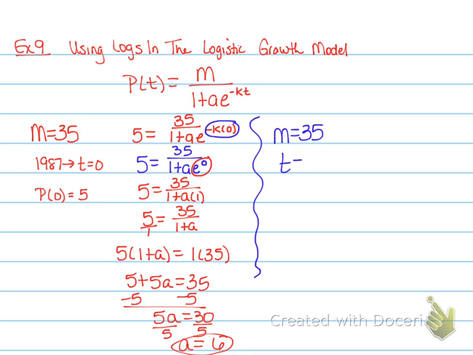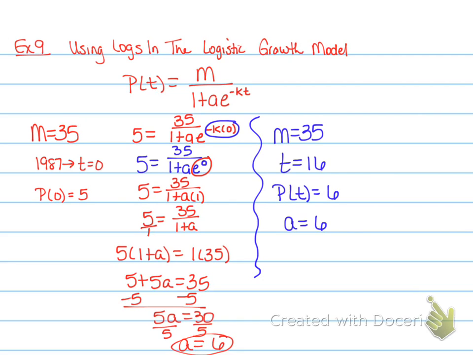Our T is going to be, let's see, we're looking for the year 2003. From 1987 to 2003, that is 16 years. And we know P of T is going to be that 6 billion, and we know that A is also 6. So let's plug in what we know then.